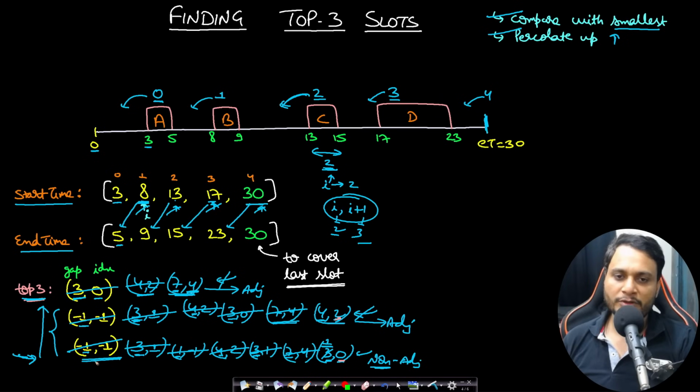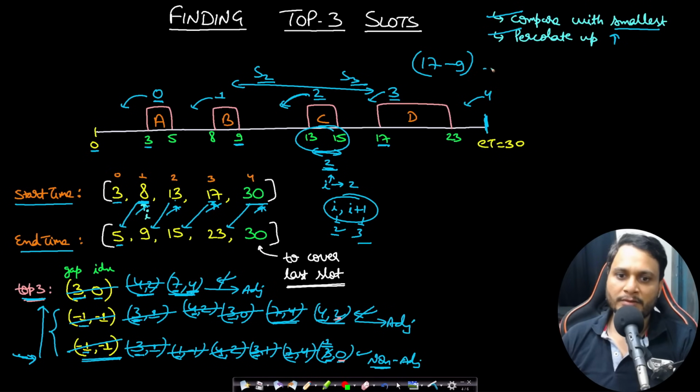And if none of the options are chosen, then the free time will be equals to whatever is the slot 2 and the slot 3's time, you just add it, and that will be equals to 17 minus 9 minus whatever is the meeting gap, 15 minus 13. This will give you the slot 2 size plus slot 3 size. Okay, so I hope this is clear.